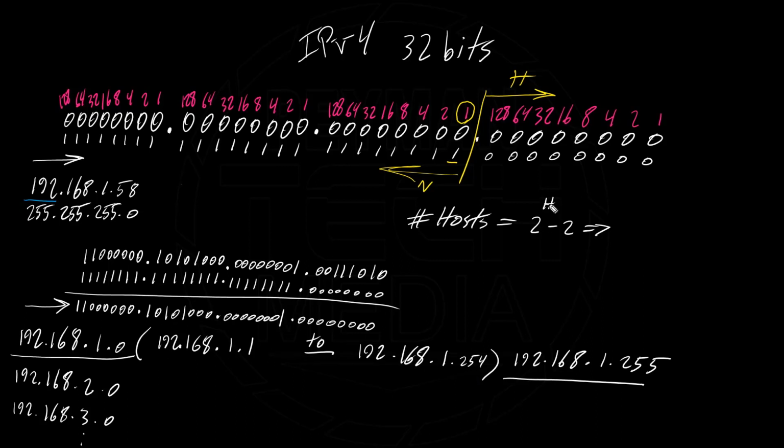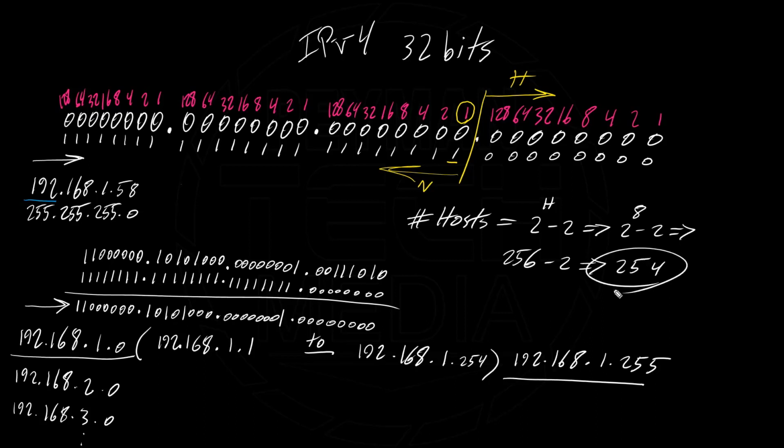Let's see how many host bits we have: 1, 2, 3, 4, 5, 6, 7, 8. Therefore, 2 to the power of 8 minus 2. So that's 256 minus 2, 254.